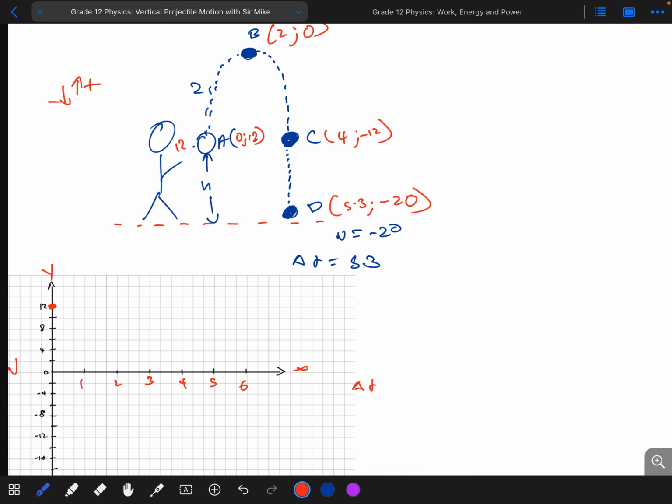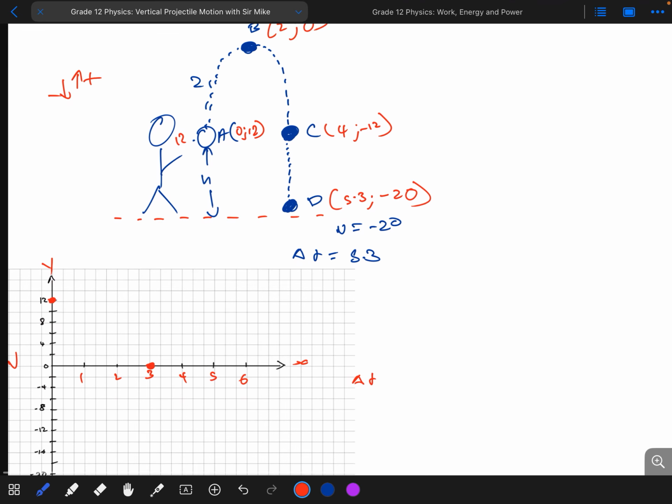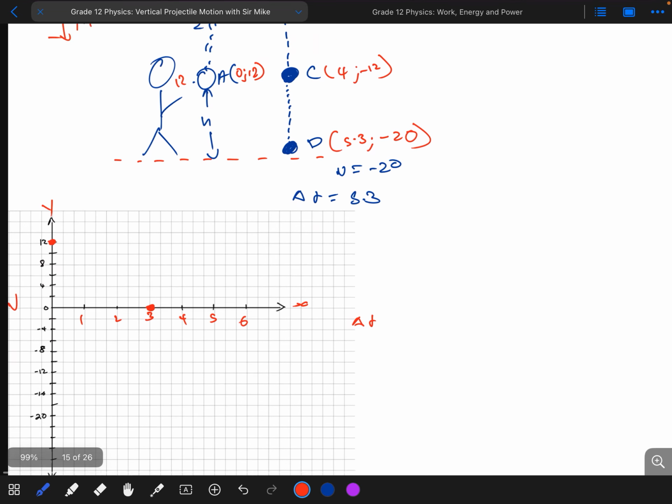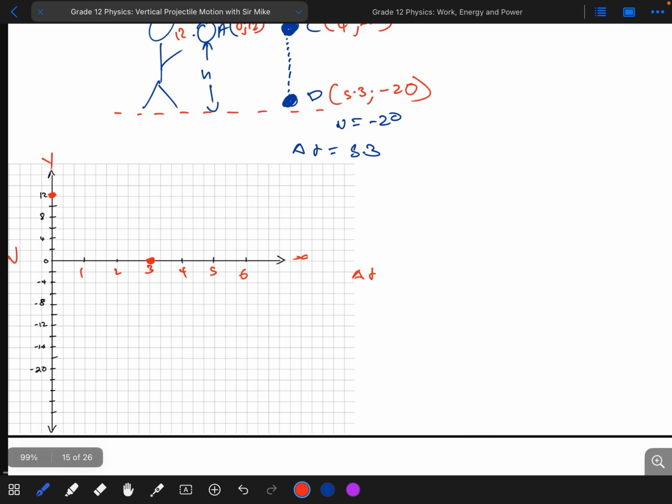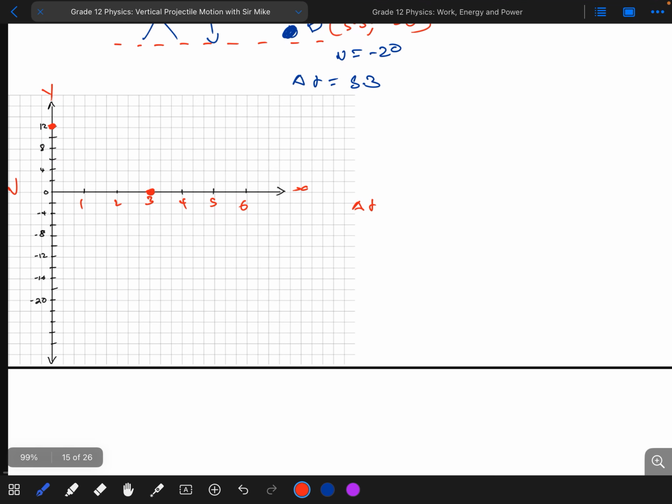So point B would be at that point there. And then point C, no, that's not right. That's 6 there.